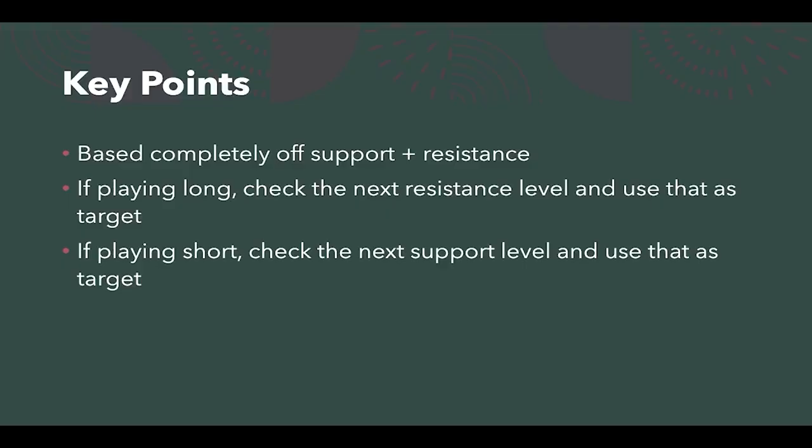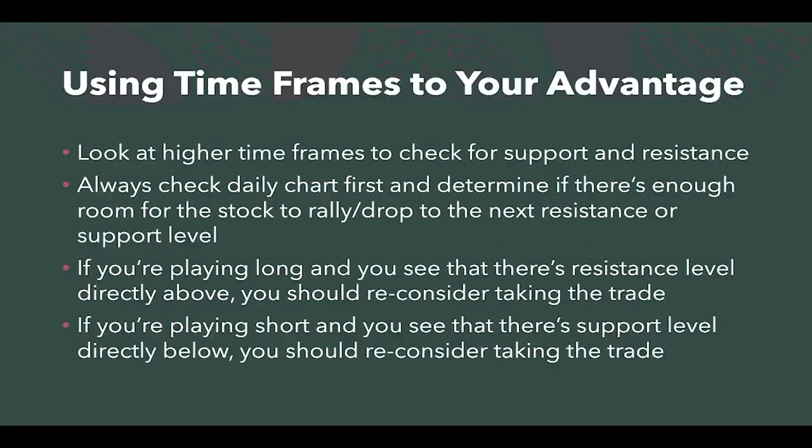And if you're playing long, you're buying a stock, what you're going to want to do is check the next resistance level and use that as a potential target, okay? And if you're playing short, you're going to want to check the next support level and use that as a potential target, right? So our targets are simply based off looking at support and resistance, all right?